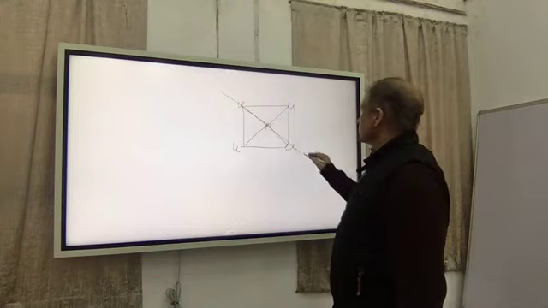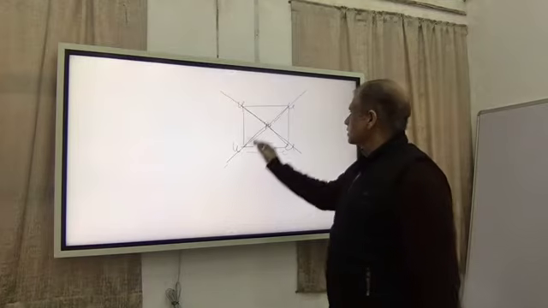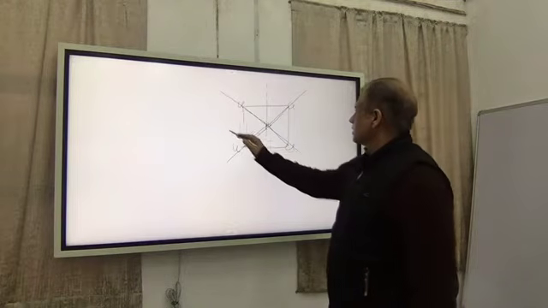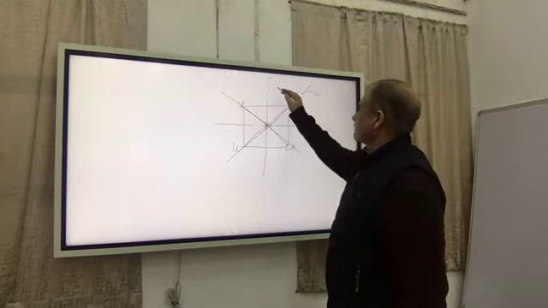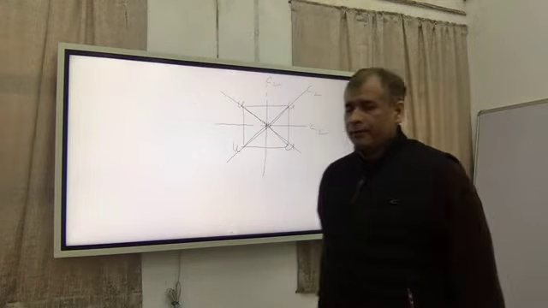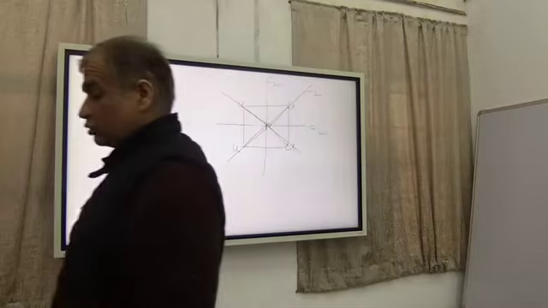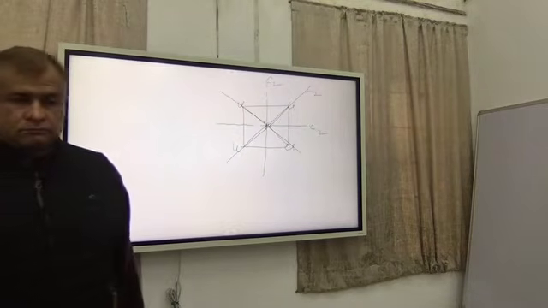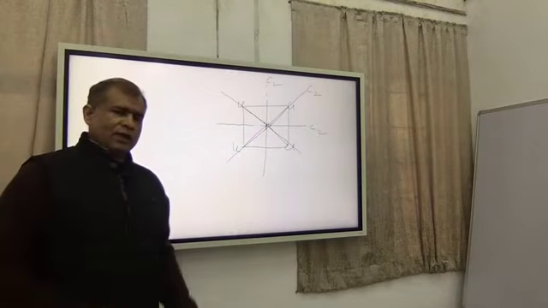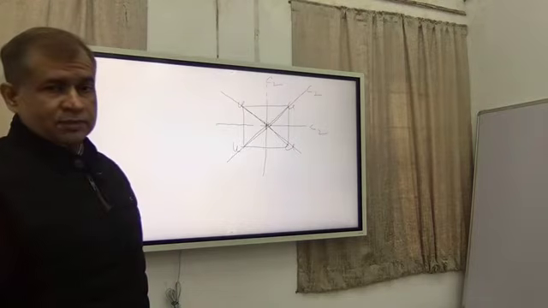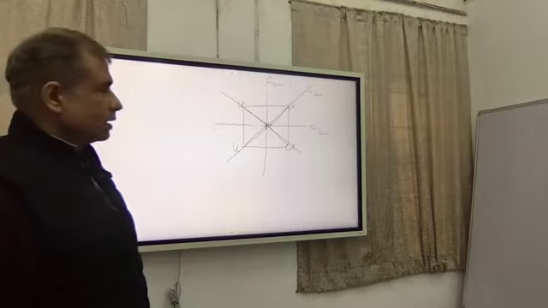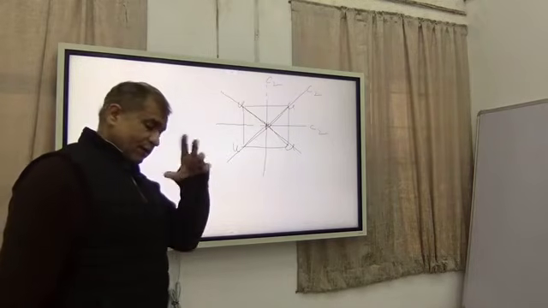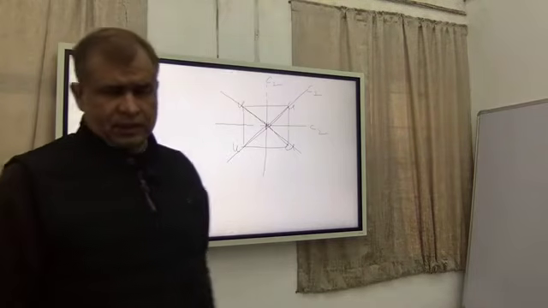One was this, second was this, third was this, and fourth was this. Notably, this geometry has only one square. So when there is one regular square, you have 4 C2 axes perpendicular to the C4 axis. But in octahedron, I tell you there are 6 C2 axes. How will you find out?